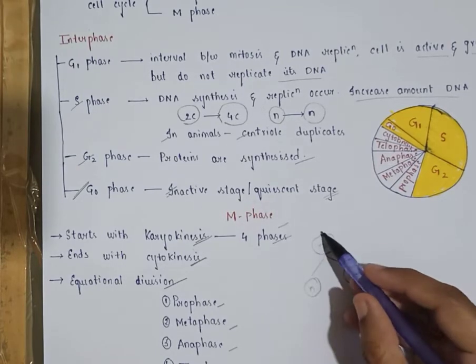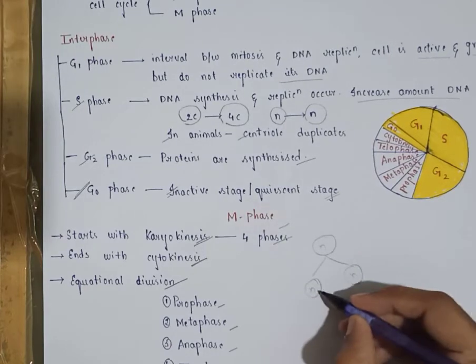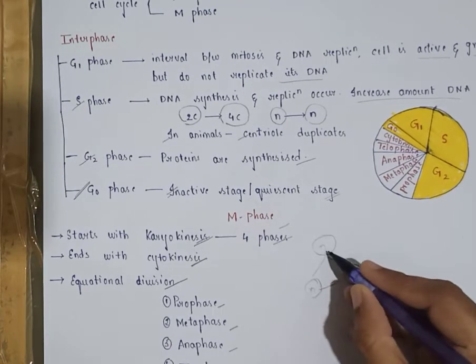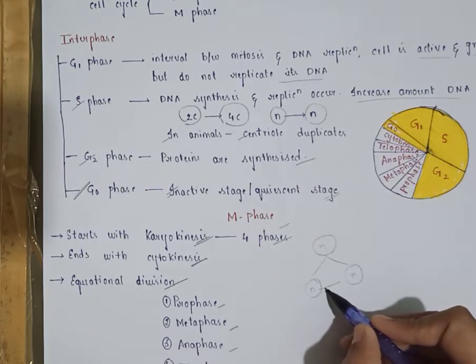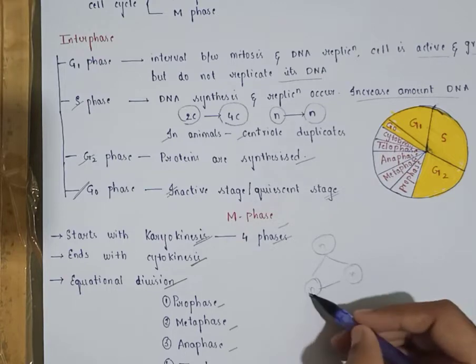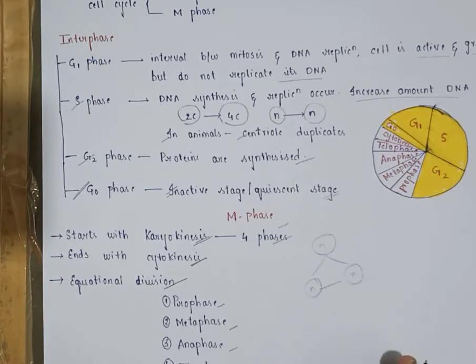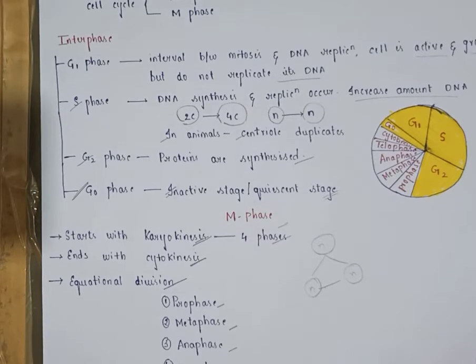So this chromosomal material is equally distributed, and the offspring are the same or similar to the parental genome. So hence mitosis is called equational division. In mitosis, the offspring look the same as the parental cell, and the genome is equally distributed between the offspring.